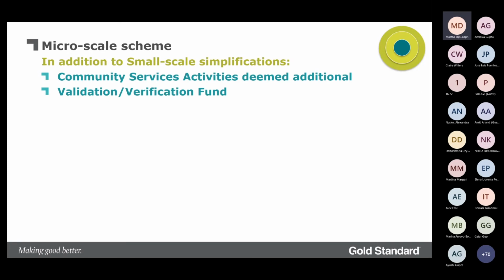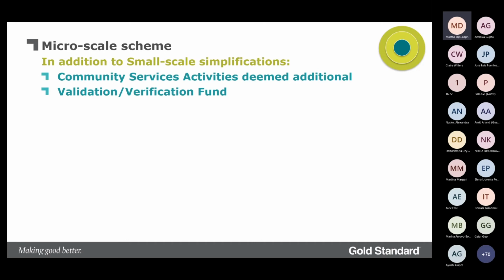The second simplification we have introduced is the validation verification fund, which creates predictability of the costs of validation and verification. Instead of the project needing to negotiate every year with a VVB, a validation verification body, it knows exactly what the costs are going to be throughout the period. And even if the costs increase or decrease depending on the complexity of the project, the fees are exactly the same.